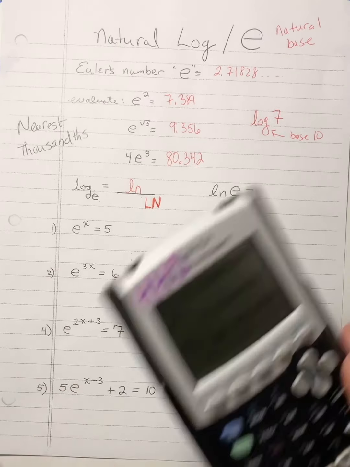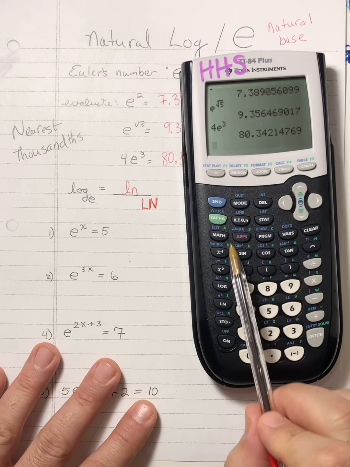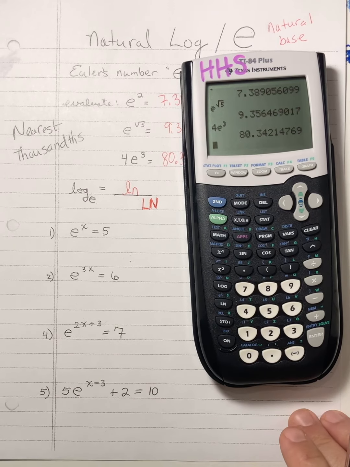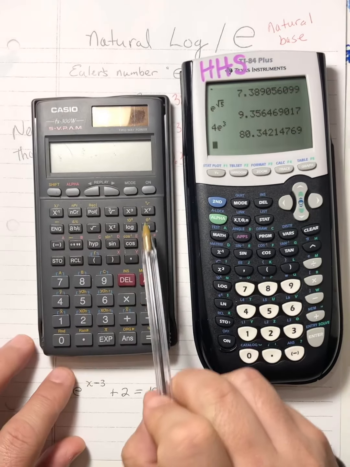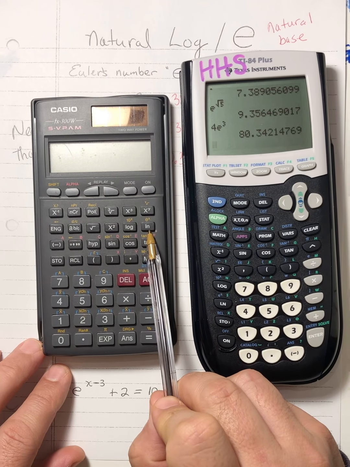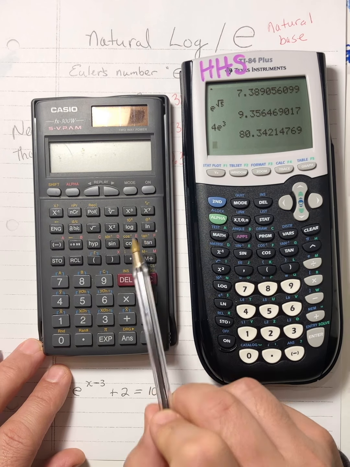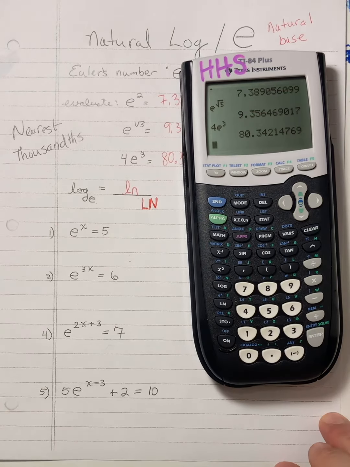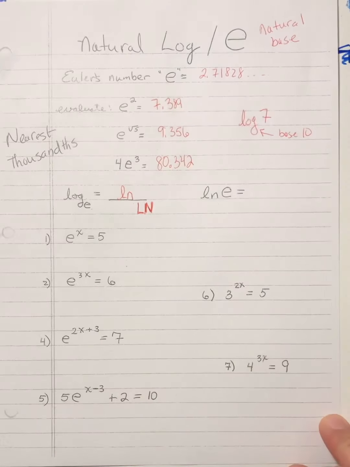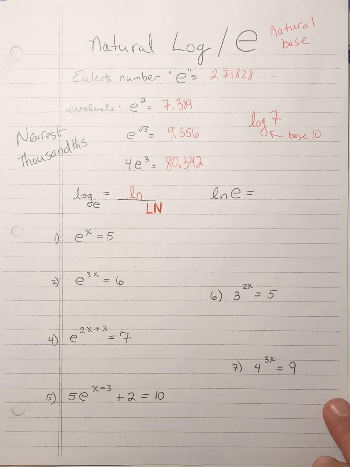This old scientific one uses lowercase letters, lowercase log, lowercase ln. On my phone, which I'm using to record, you'd have to turn the phone sideways to see what it does. It shows log base 10, and then it shows the ln. I don't know if they're capital letters or lowercase.